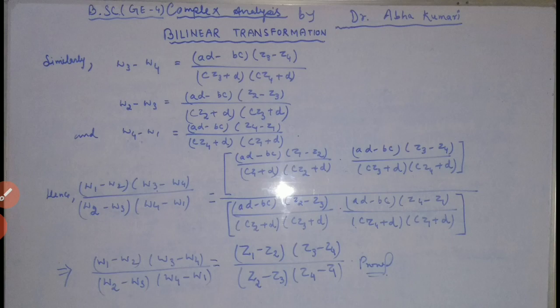This equals (AD minus BC)(Z1 minus Z2) divided by (CZ1 plus D)(CZ2 plus D), then (AD minus BC)(Z3 minus Z4) divided by (CZ3 plus D)(CZ4 plus D), and the whole divided by (AD minus BC)(Z2 minus Z3) divided by (CZ2 plus D)(CZ3 plus D), and then (AD minus BC)(Z4 minus Z1) divided by (CZ4 plus D)(CZ1 plus D).